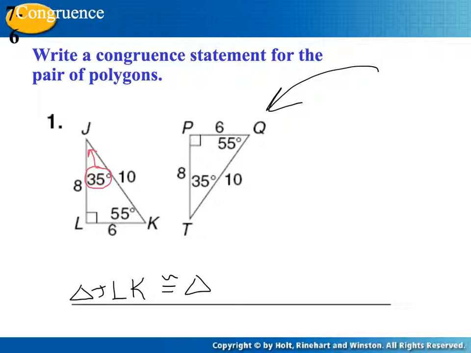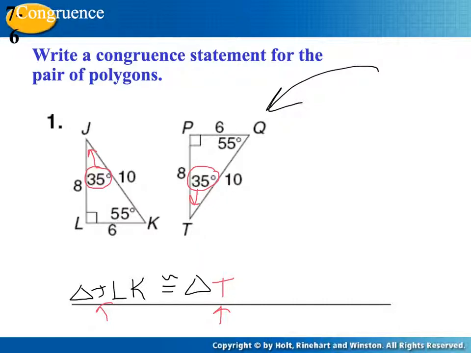That's going to be angle T. So because angle T is 35 degrees, I need to make that angle T first in my order of three letters, because angle J and angle T have the same angle measure.